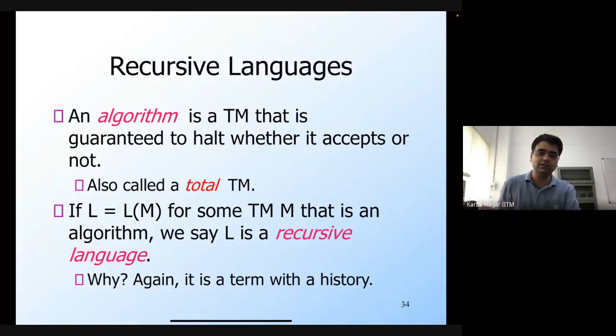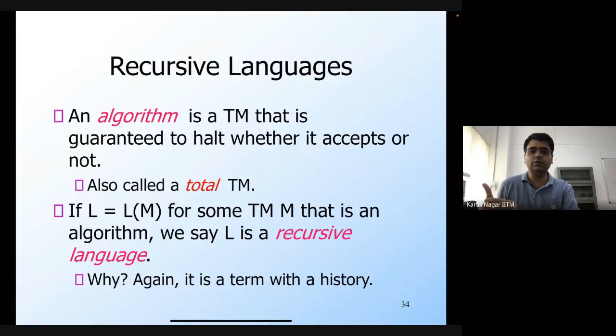Then you want the Turing machine to terminate at some point. Only recursive languages would guarantee that, because they have total Turing machines. So if you run the Turing machine on some string, it is guaranteed to halt, whether or not the string is in the language.